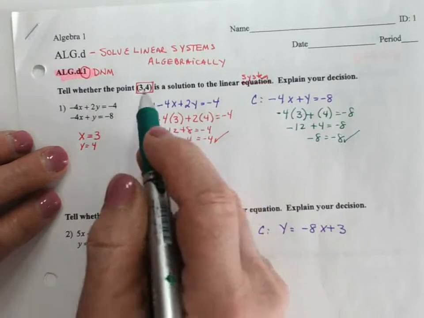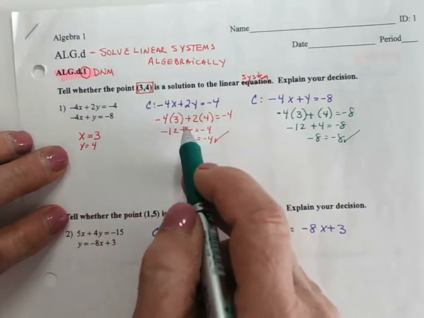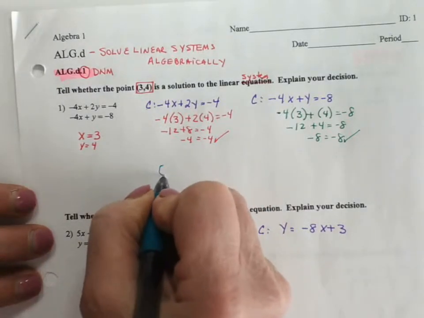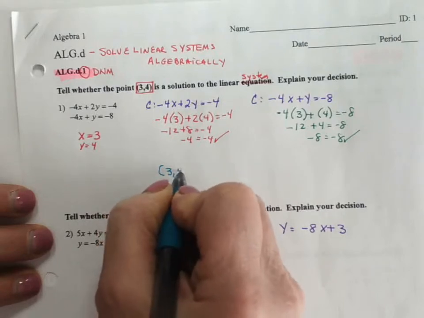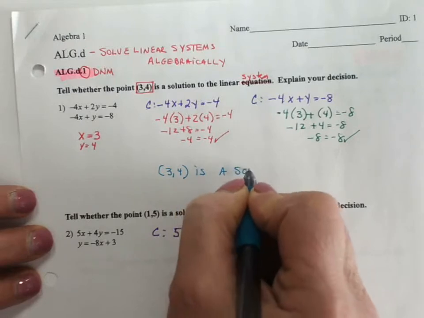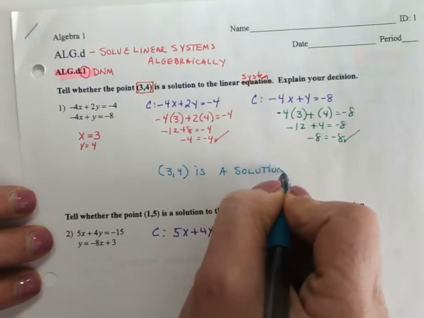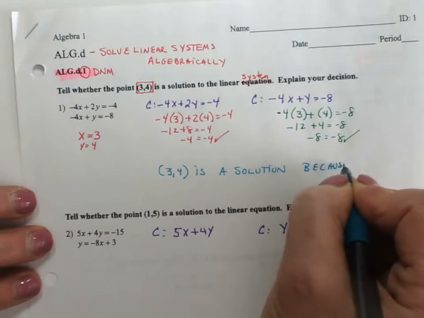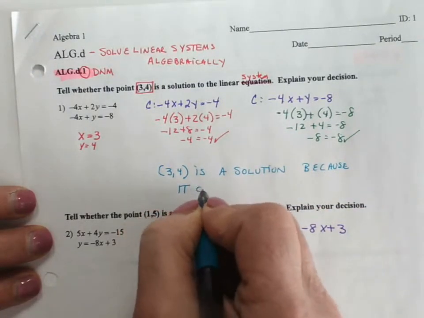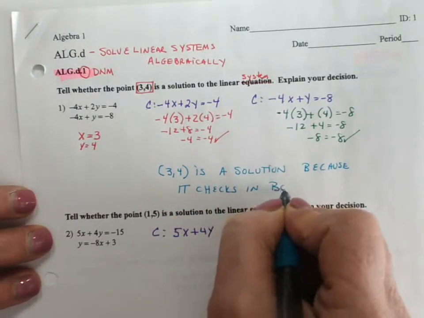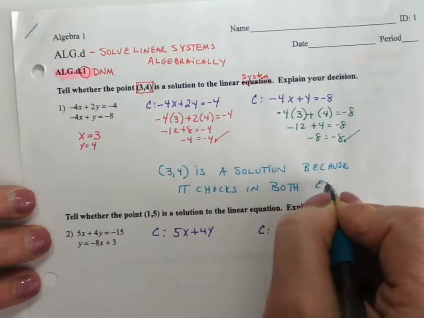So because this point is a solution to both of these equations, to explain: (3, 4) is a solution because it checks in both equations.